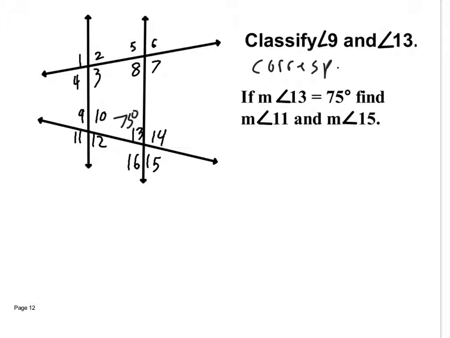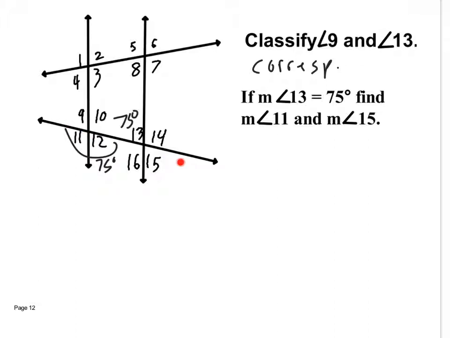Alternate interior angles. Good. If I know what 12 is, can I find 11? What relationship would tell me what 11 is if I knew what 12 was? They are supplementary angles. They add up to 180.